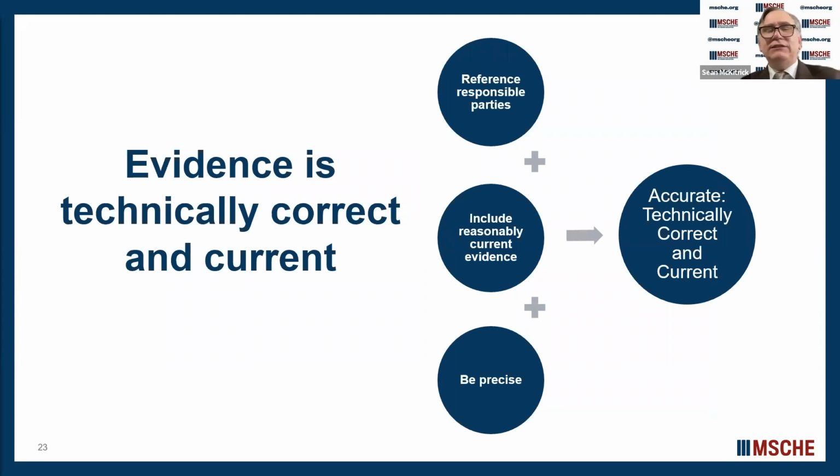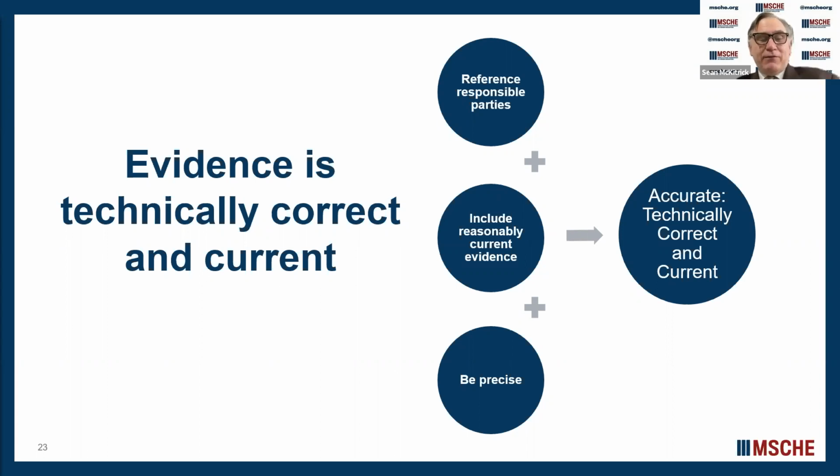Evidence is technically correct and current. No doubt, technical accuracy is a key element of an evidence inventory. Evidence must be accurate to evaluators, external stakeholders, staff, faculty, students, administrators, board members, and others in order to be useful in general.